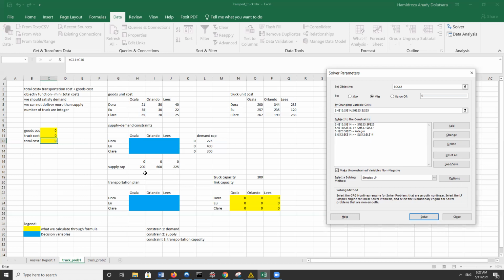Summation of columns means how much you send from each column name, which is the supply node, to other nodes. So whatever you send from Ocala to other nodes is summed up in this, and it should be less than Ocala's supply cap, and same for the others.